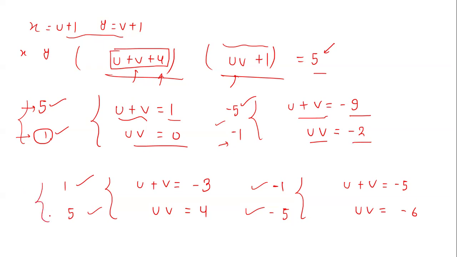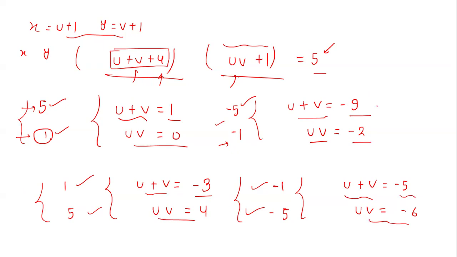The third possibility is 1 comma 5. For the first term to become 1, u plus v is minus 3, and for the second term to become 5, uv is 4. The fourth possibility is minus 1 and minus 5. The first term becomes minus 1, so u plus v is minus 5, and the second term becomes minus 5, so uv is minus 6. So there are these 4 possibilities.